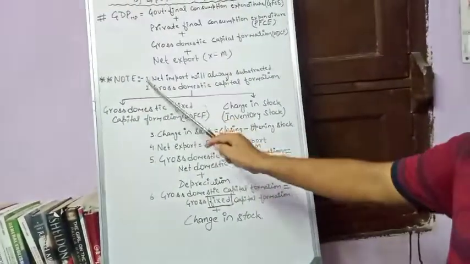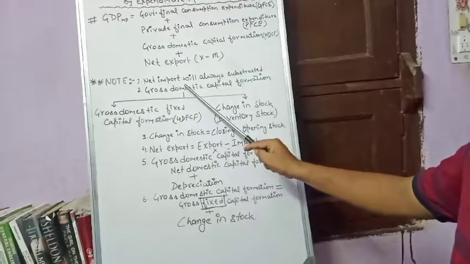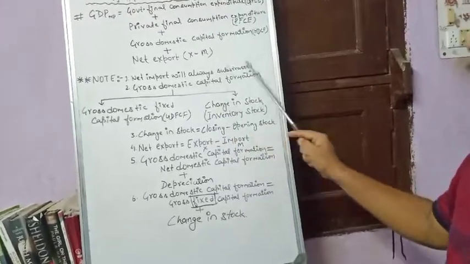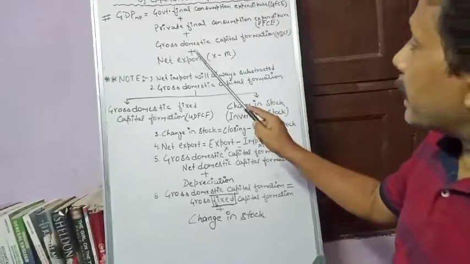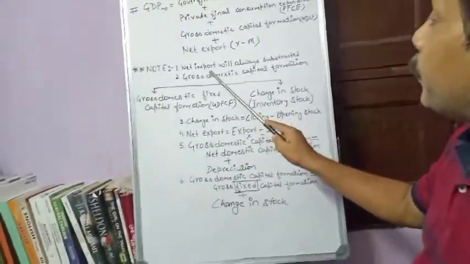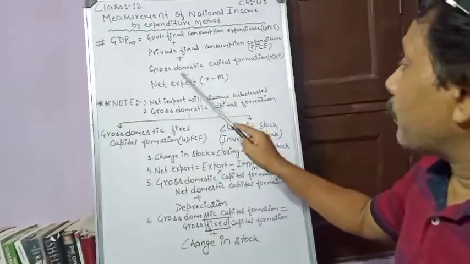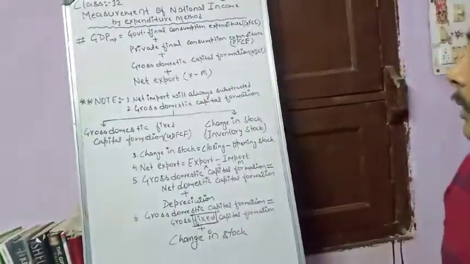So note number 1: net imports, if given in the data, will always be subtracted. Here the net export will be added, but if net import is given, then in place of addition, we will subtract it.